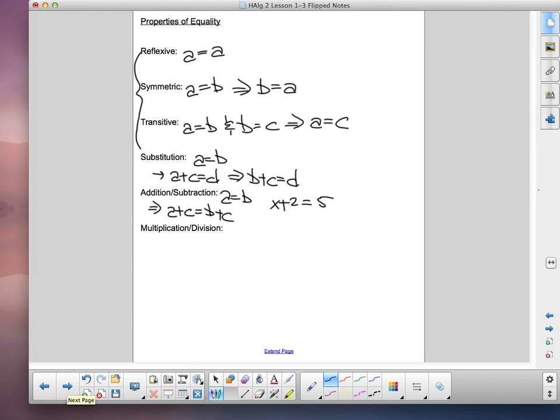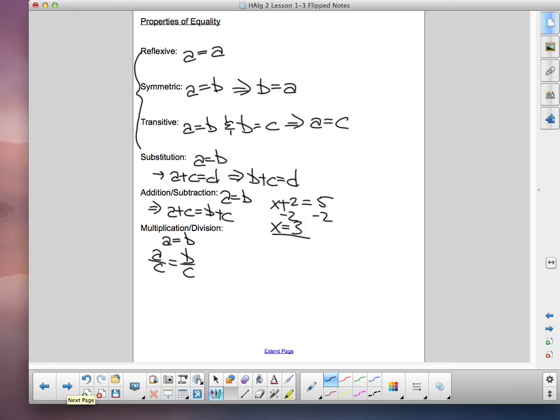I can subtract the same thing from both sides in order to solve the problem. It'll still stay equal, or stay balanced. X equals 3. That's using our addition or subtraction property of equality. The same thing with multiplication and division. Again, if I say that A equals B, I can say that A divided by C is the same thing as B divided by C. They'll still stay equal if we do the same thing to both sides.